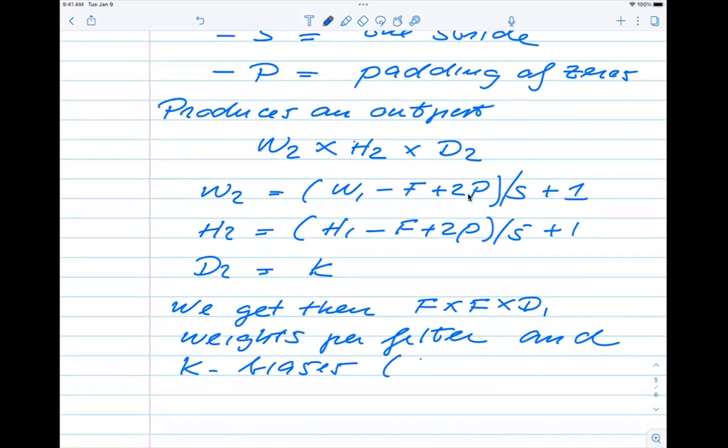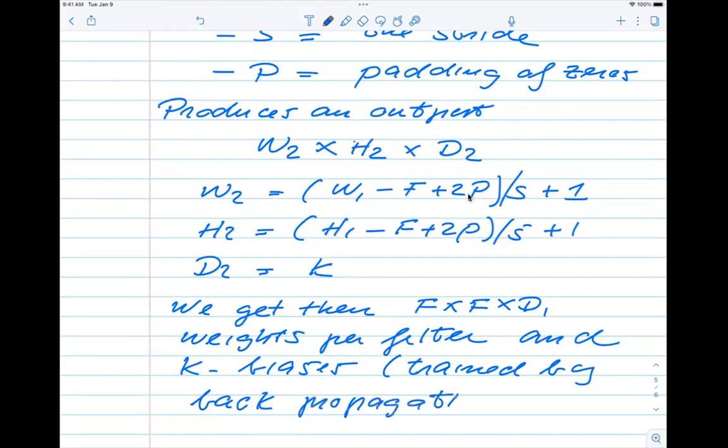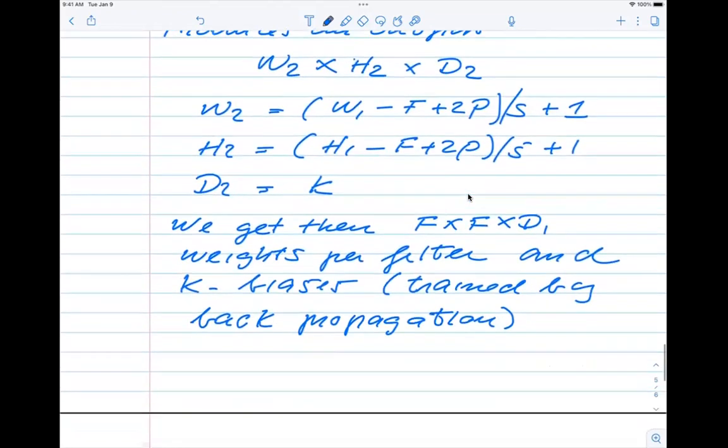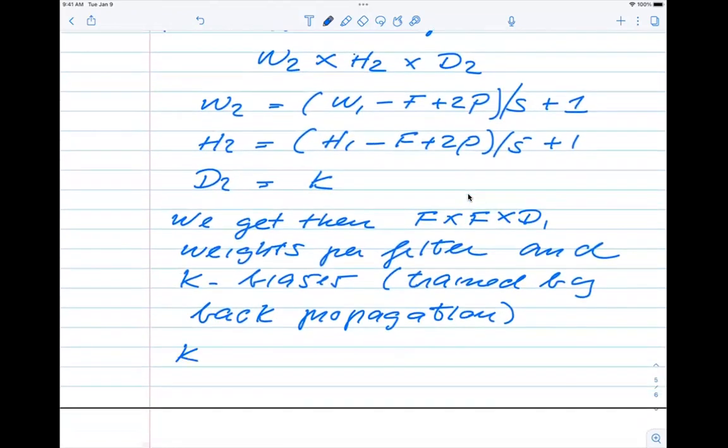And these are parameters then which are trained by backpropagation. And K, the number of filters, is often chosen in powers of 2.